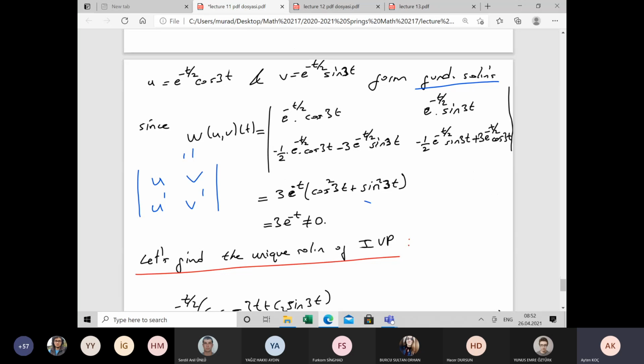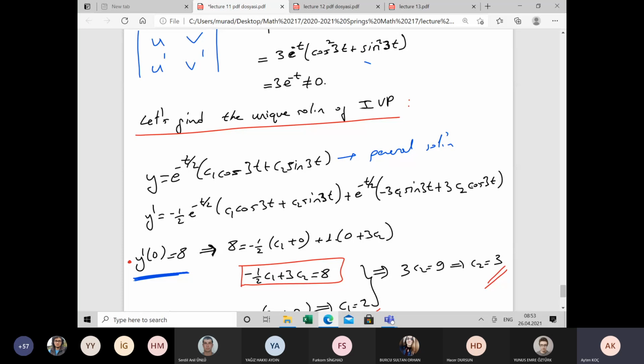Our aim now is to find the unique solution of the initial value problem. We have the general solution y, so first we compute y prime.